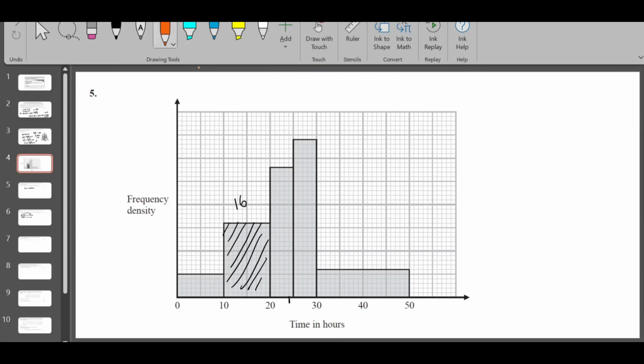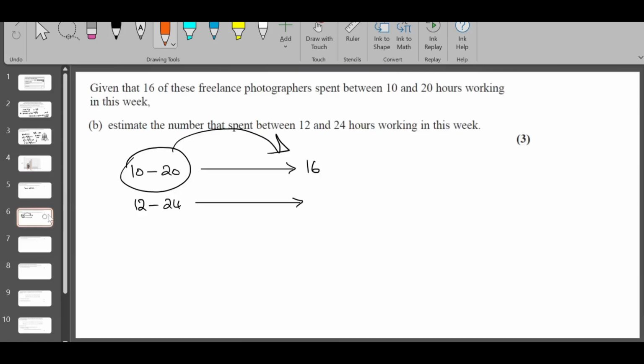I'm going to draw a line here. This is 24 and 12 is here. So we need to find out how many freelance photographers work between 12 to 24 hours. That's the question, right?